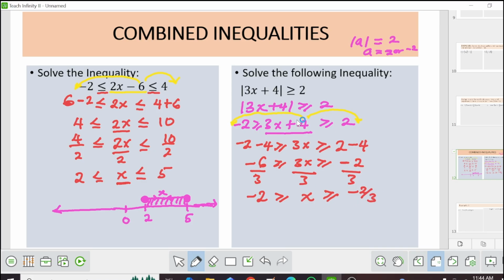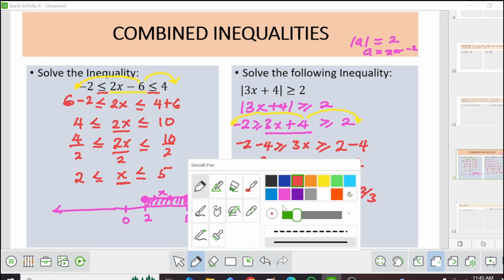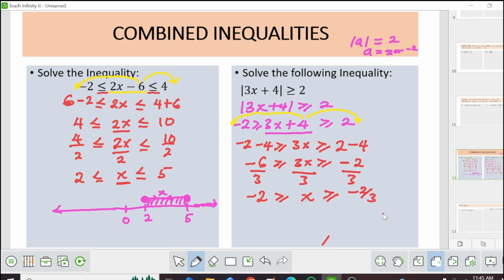So to represent this on a number line, let me choose a very convenient marker. You draw your line, then indicate your 0 to show that this part is positive and this other side is negative.